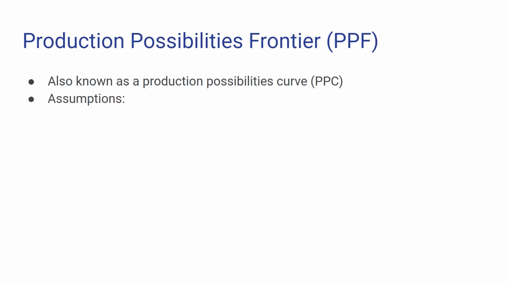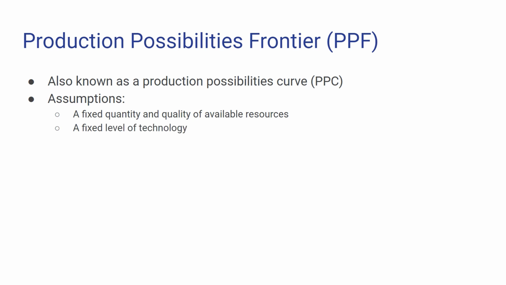The basic assumptions we make when we construct a production possibilities frontier are that there's a fixed quantity and quality of available resources, the inputs that are used to produce the output. There's a fixed level of technology, and technology is a term we use in everyday use quite a bit, but the technical meaning of it is essentially the know-how of how to combine inputs to produce output.